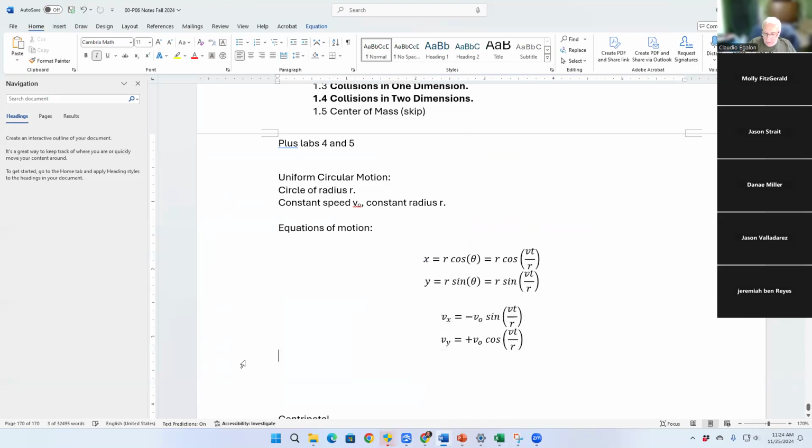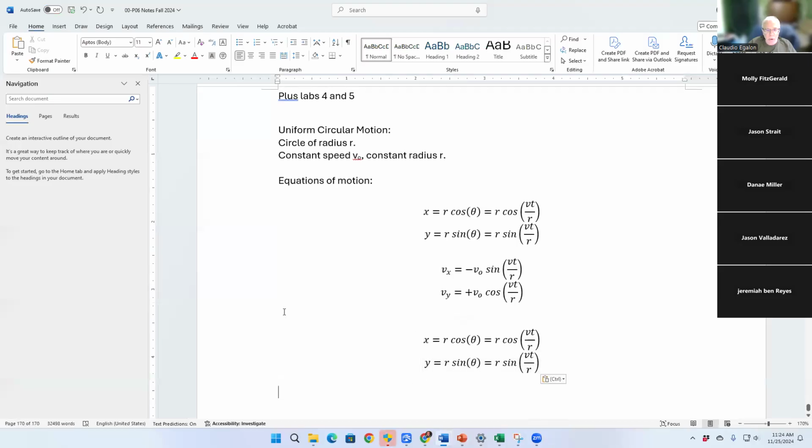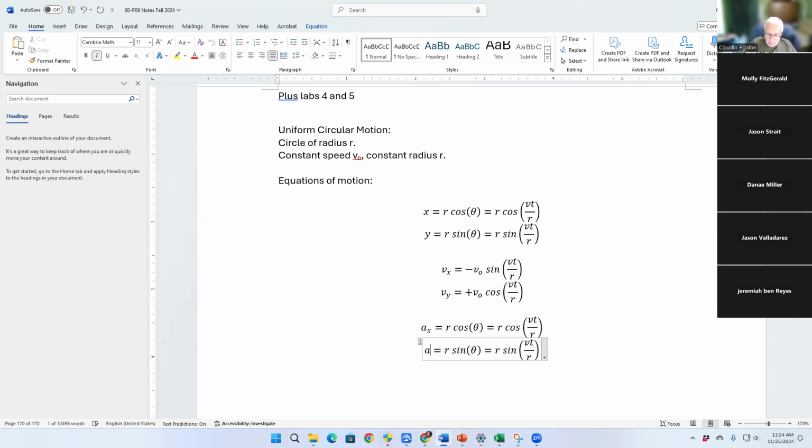And we finally have the acceleration components. Don't forget that the centripetal acceleration vector points in a direction opposite to that of the position vector. So you're going to have something here times cosine of theta, where theta is Vt over r.